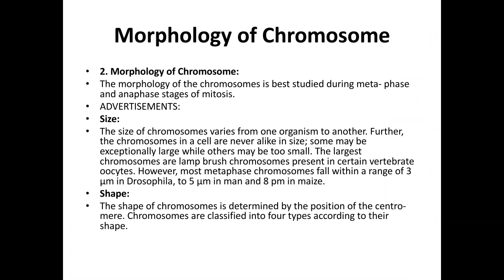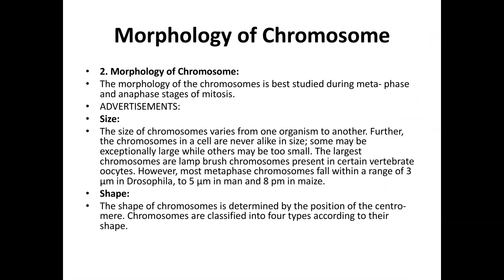However, most metaphase chromosomes fall within a range of 3 micron in Drosophila to 5 micron in man and 8 micron in maize. The shape of chromosome is determined by the position of centromere.